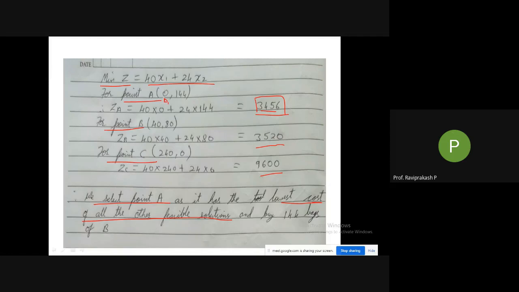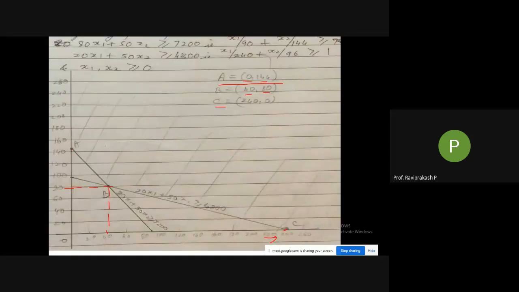And this is product B. Sorry, we need to buy 144 products of not A, 144 of B. Yeah, that's what I have written, B. So we need to go with the feasible solution of A and buy 144 bags of product B to have my conditions met, plus I am getting those conditions met at the lower cost. So those who have not done, please copy it fast. I'll give you 2 minutes.